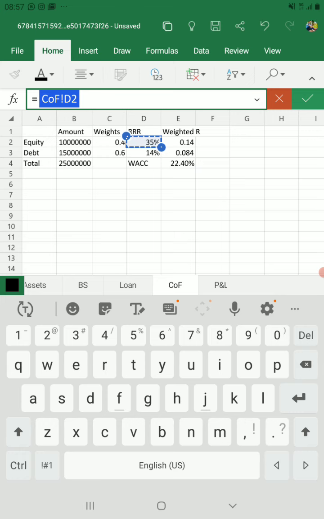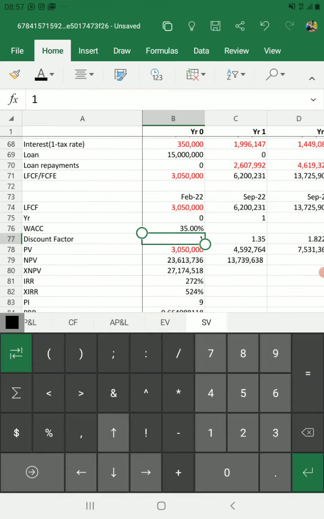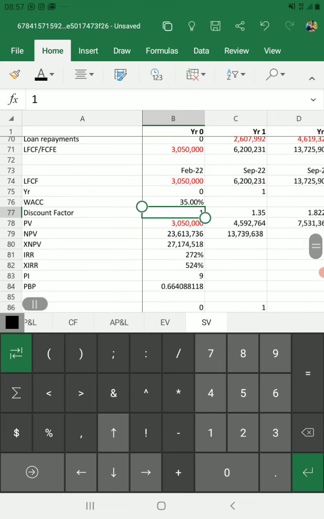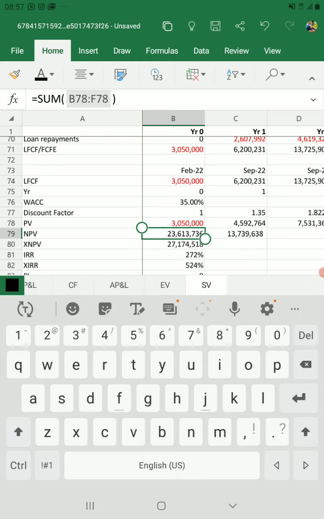Press enter. So after doing those two adjustments, all our computations have been rectified using levered free cash flow, and this now is intrinsic value. NPV here is intrinsic value attributable to shareholders only.